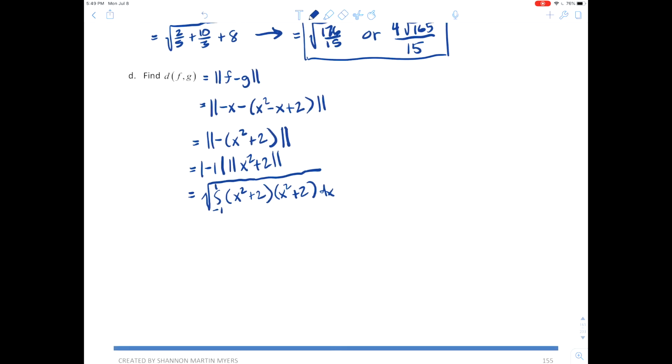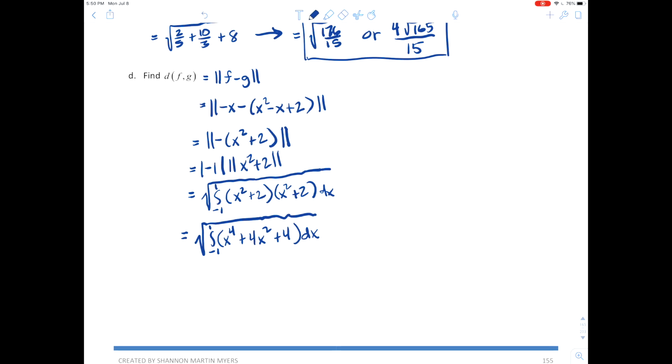All right, with respect to x, and that's going to give us what? The integral from -1 to 1 of x to the 4th plus 2 times x squared. Sorry, I'm getting tired. 2 times x squared times 2. So we'd have 4x squared plus 4 with respect to x.